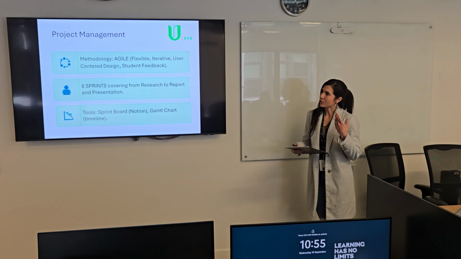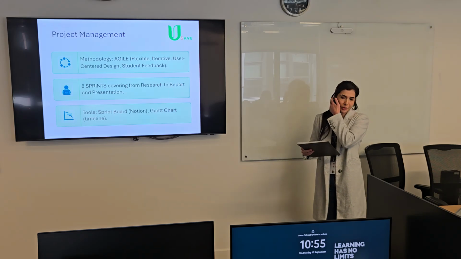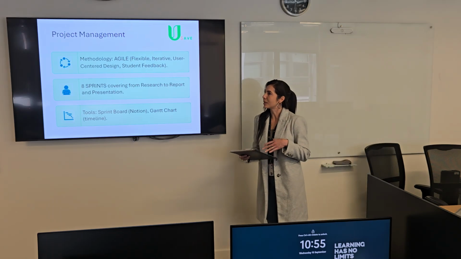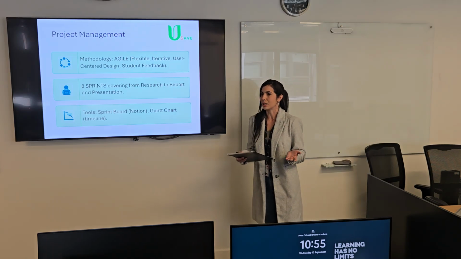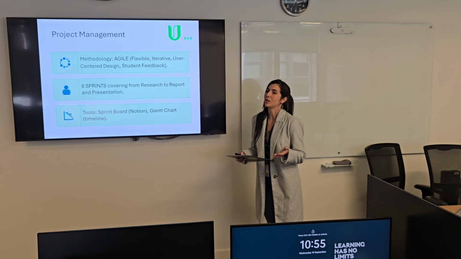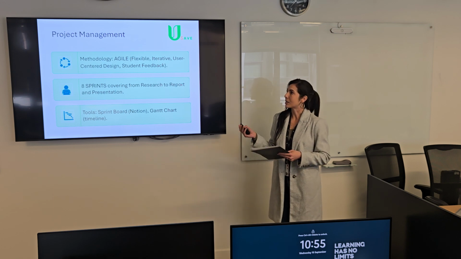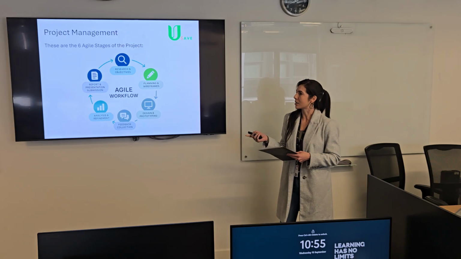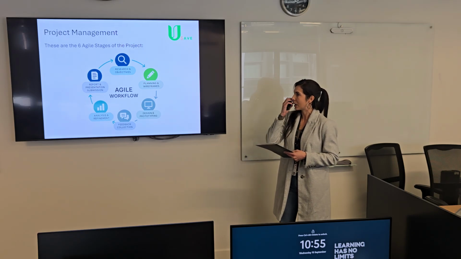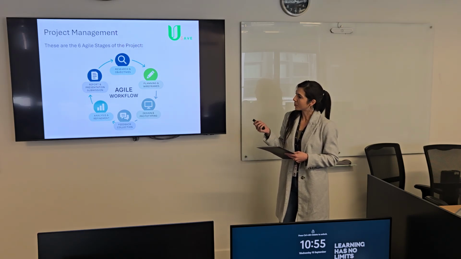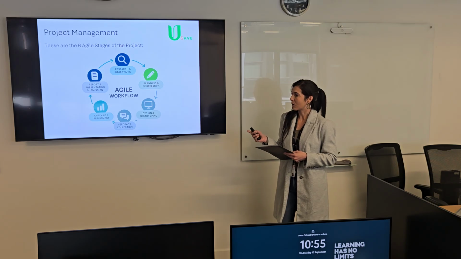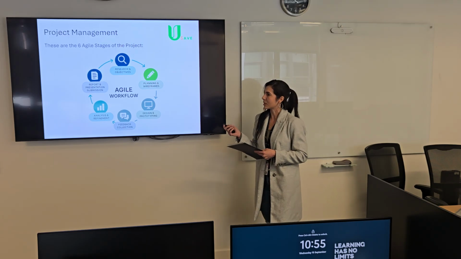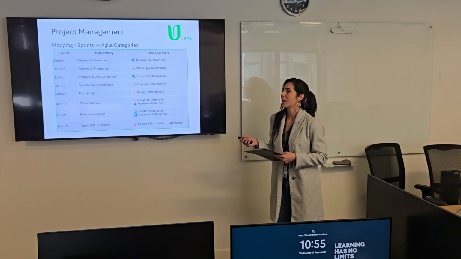The next part is project management. I considered both waterfall and agile, but with the necessity of flexibility, feedback, and user-centered design, I decided to use agile. And here are the 6 stages of this workflow: researching, planning, design, feedback collection from tutors, analysis, and report and presentation submission.